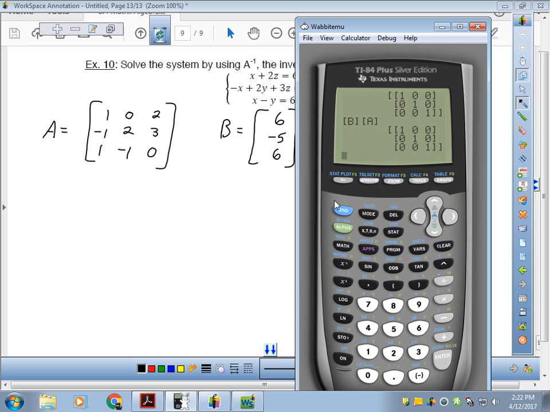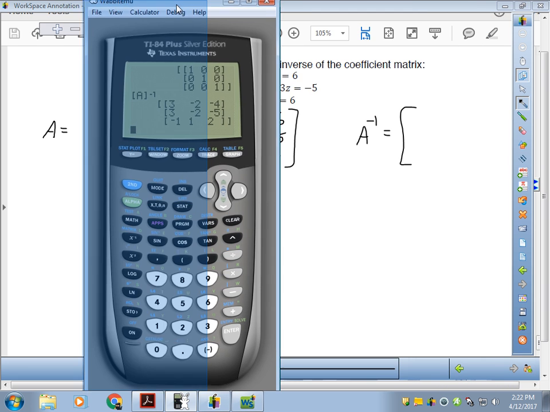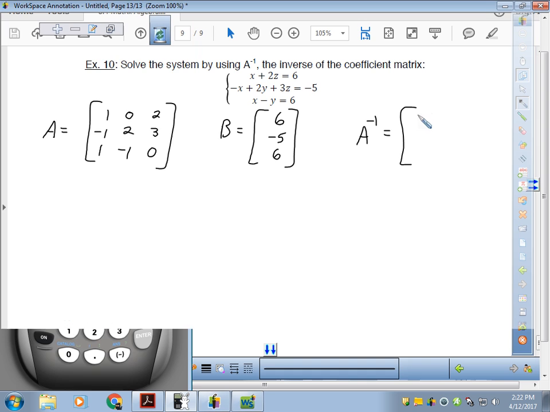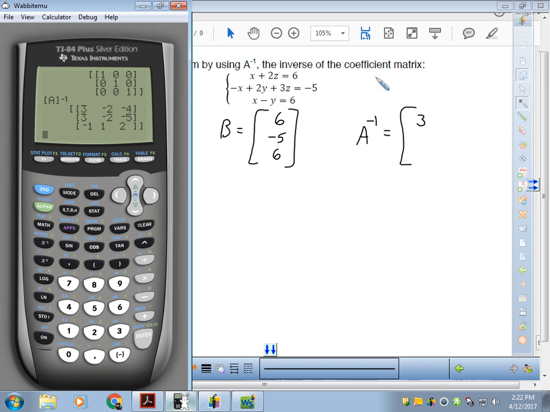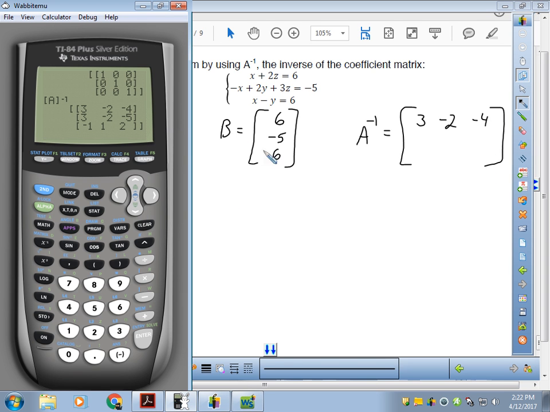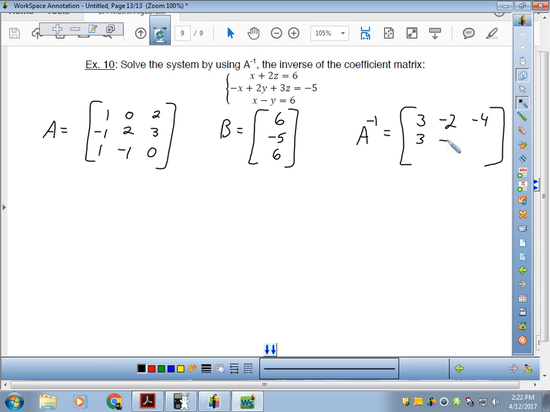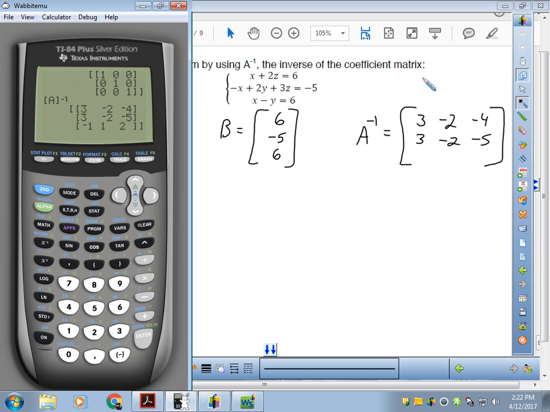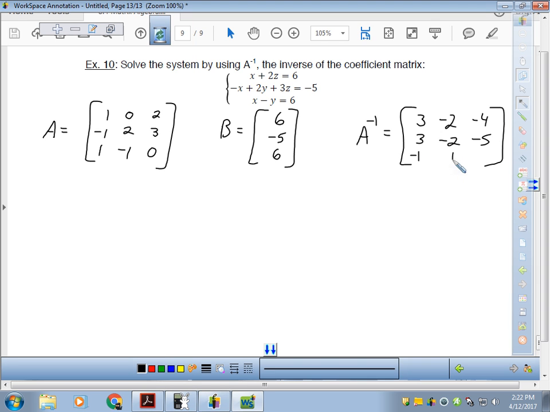So I want to find A inverse, so I'll go to my matrix menu. I'll pick matrix A, and then do the inverse. So there is A inverse. So A inverse is 3, -2, -4, 3, -2, -5, and -1, 1, 2. Okay.